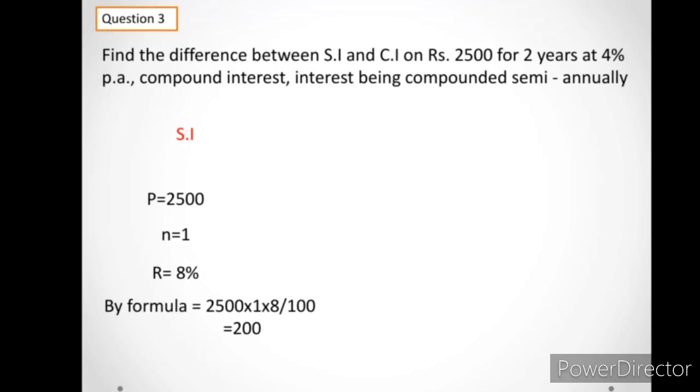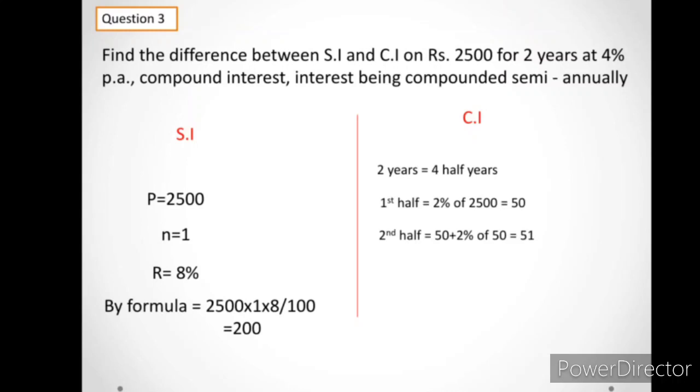So no issue here. For the compound interest we need to make the 2 years into 4 parts. Why? Because here he mentioned semi-annually, right? So for the first half, that is 2% of 2500, that is 50 rupees, and for the second half, 50 plus 2% of 50. Here also we need to remember that we are not including the principal amount, we are just calculating interest on the previous period's amount only.